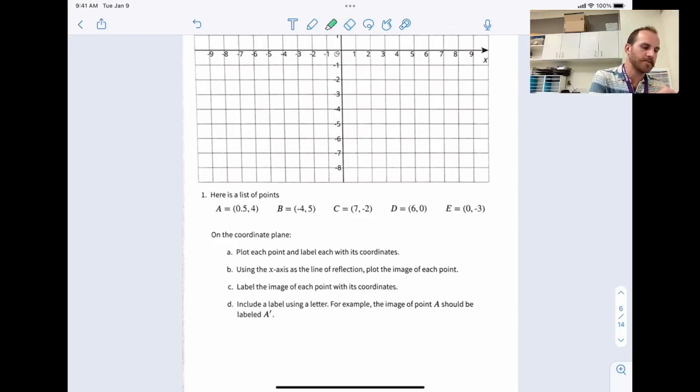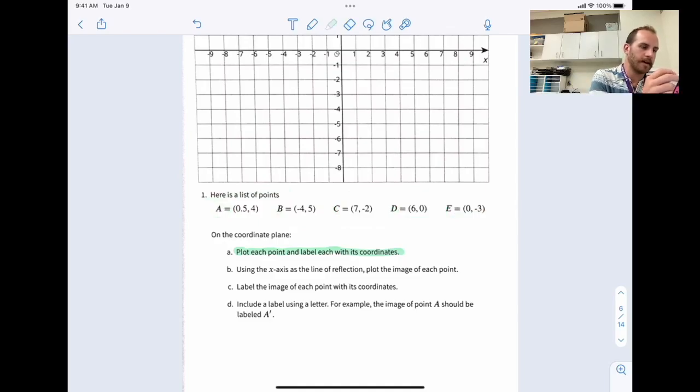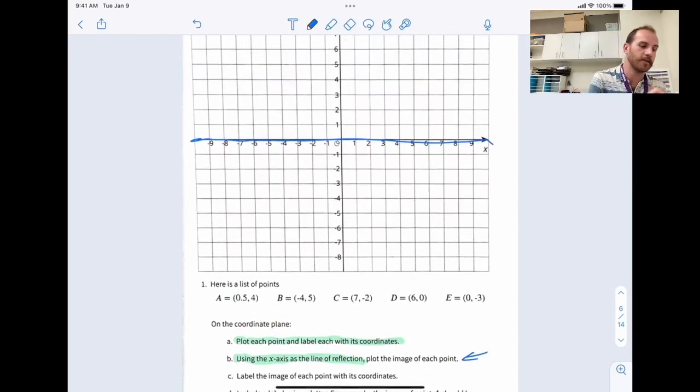We're plotting these points on the graph, because it says plot each point, label them A, B, C, D, and E. So we'll do that. Then, using the x-axis as a line of reflection, plot each image of the point. So here you're reflecting across the x-axis, the horizontal axis that goes across the coordinate plane.